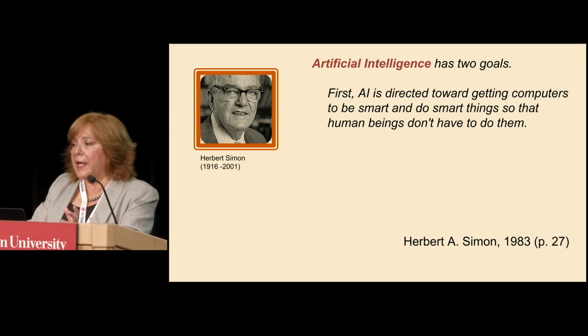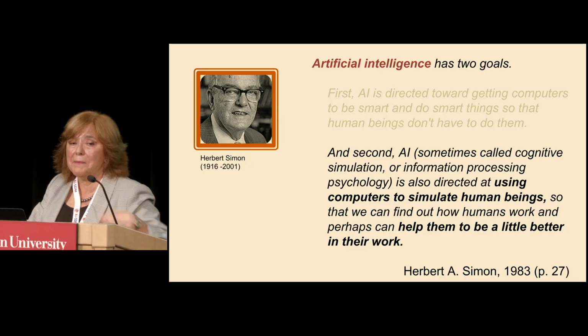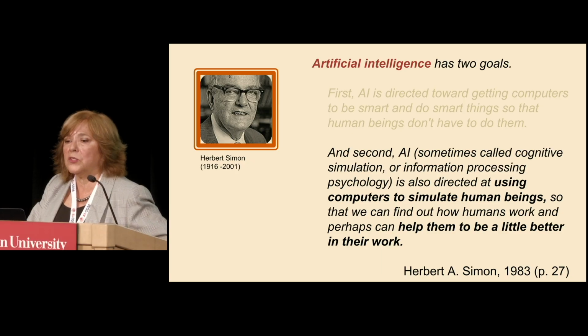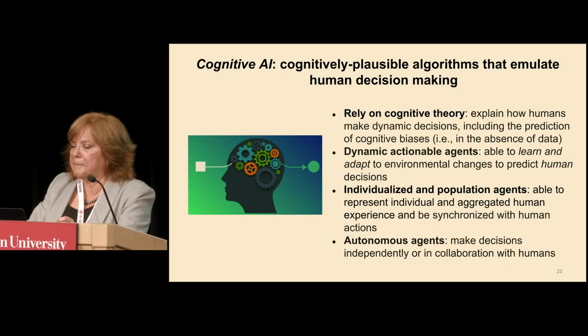But one way of doing AI is to use machines to do those powerful optimizations that we need. But he also said that AI, sometimes called cognitive simulation or information processing psychology, is also directed at using computers to simulate human beings and to help them be better at the decisions they make.